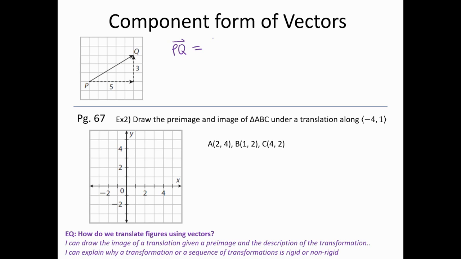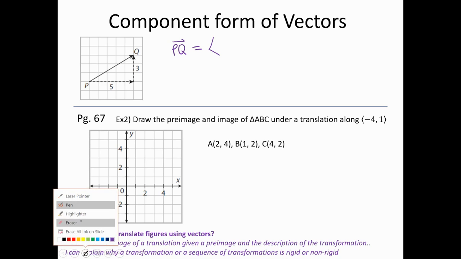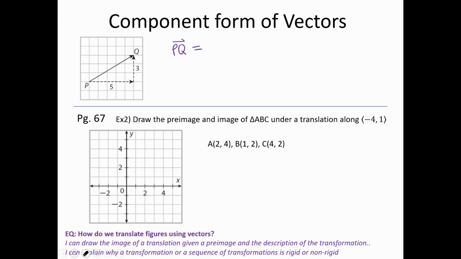So component form is going to use these pokey parentheses. Let me write them a little bit better. So not a regular parenthesis, but it's kind of a pokey side here. And the numbers that we put inside, it's going to kind of be like an ordered pair.